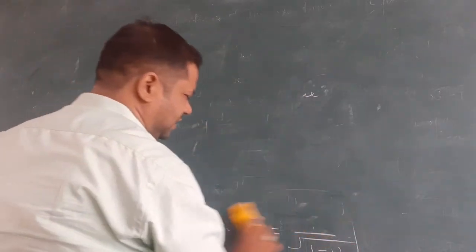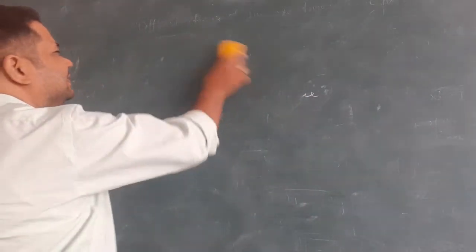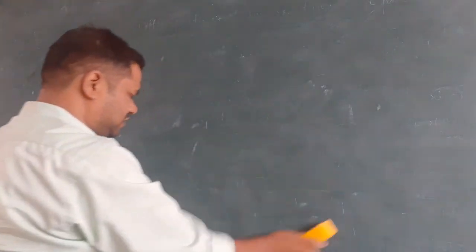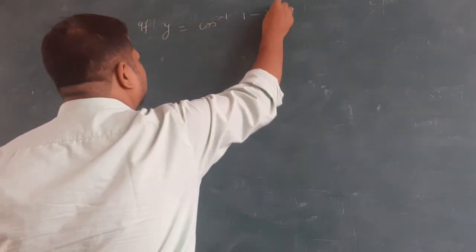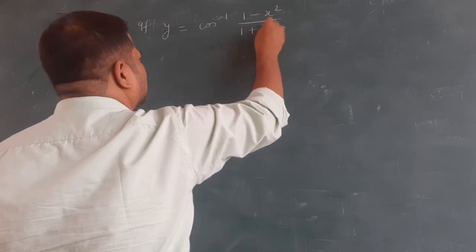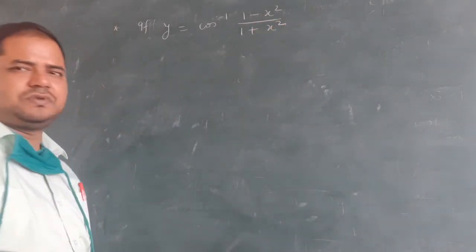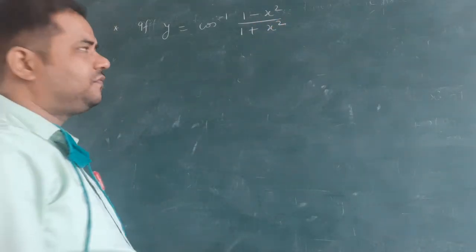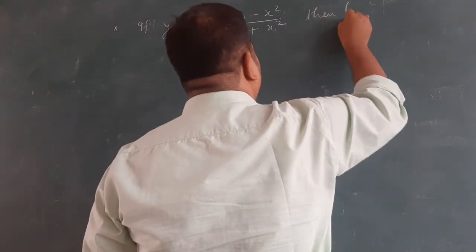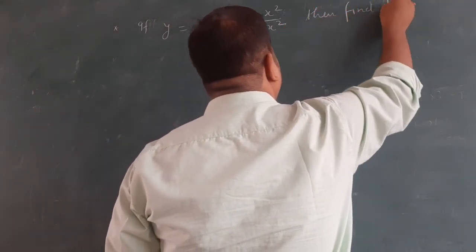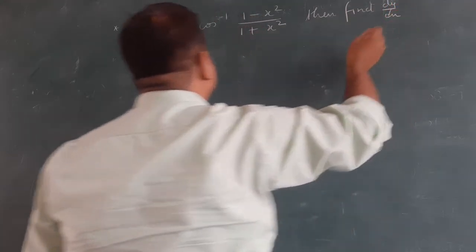a function y is equals to cos inverse of 1 minus x square upon 1 plus x square, then find dy by dx.